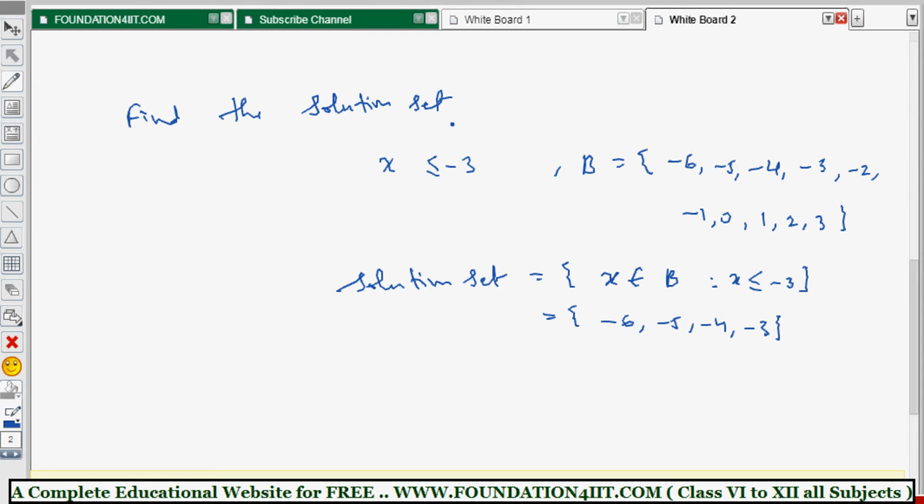So that is the universal set and the solution set, because the solution set is a subset of the universal set.